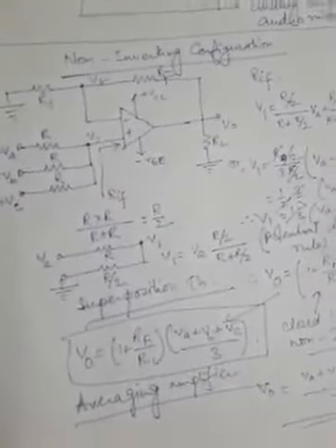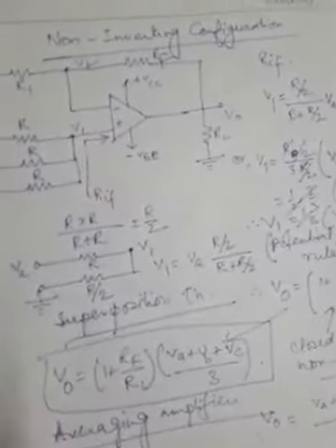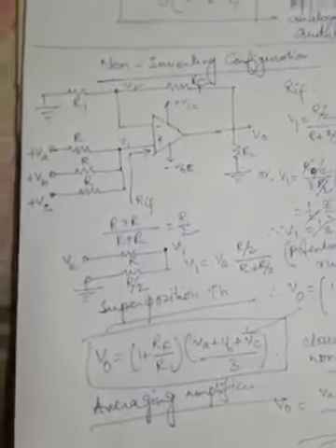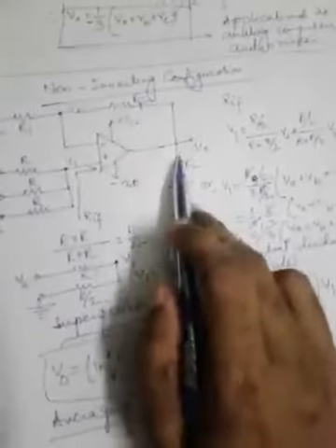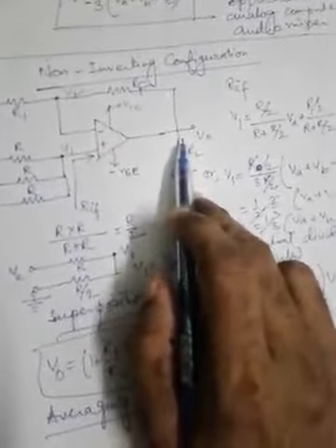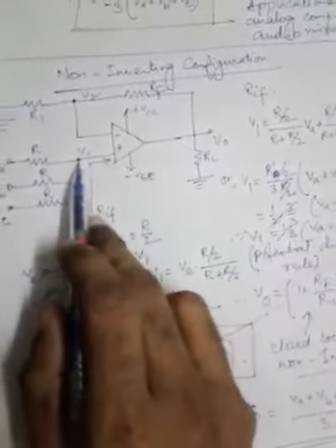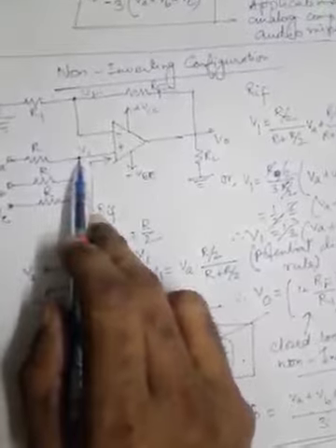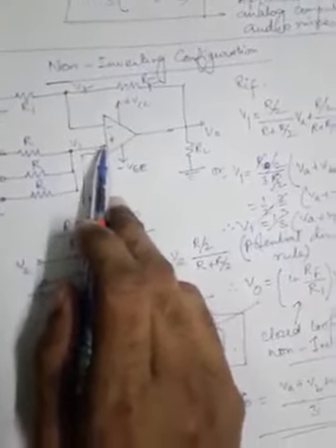But in the previous case, the inverting averaging amplifier, the output is the average of all the inputs with a negative sign. So the average of all the inputs is found from the output in case of inverting configuration, and the average of all the inputs is found at the node with voltage V1, that is the non-inverting input node, in case of non-inverting configuration. So these two differences can be noted.